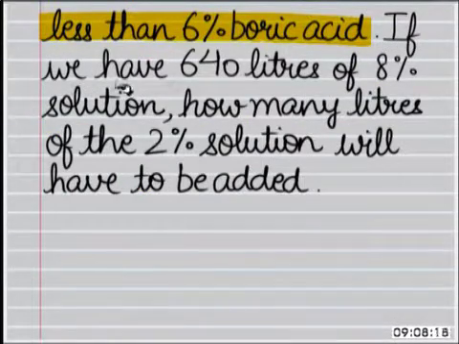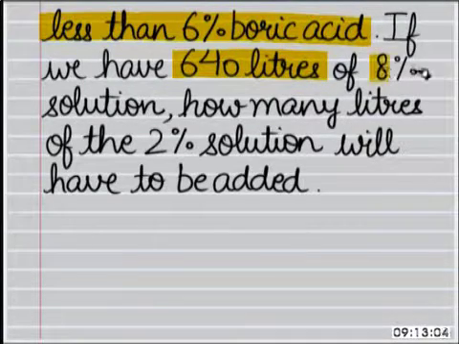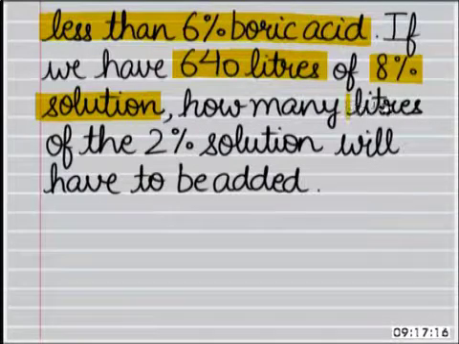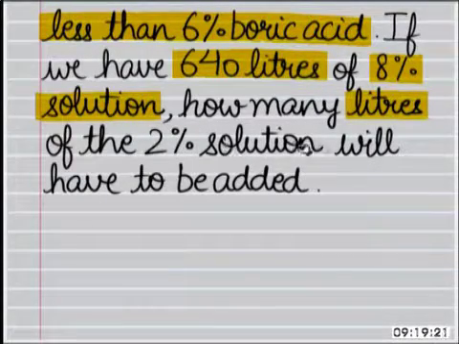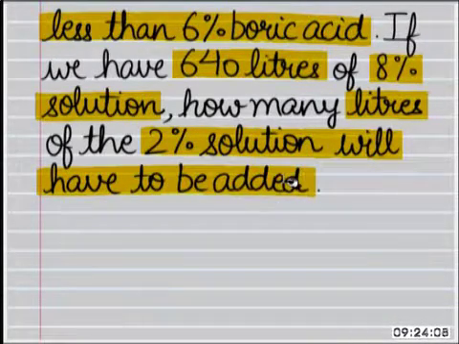If we have 640 liters of 8% solution, how many liters of the 2% solution will have to be added?